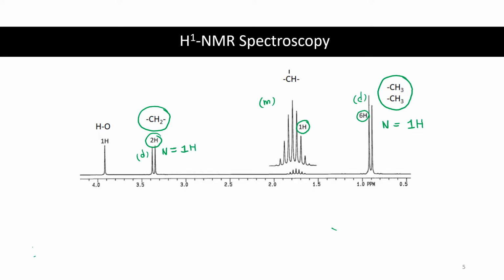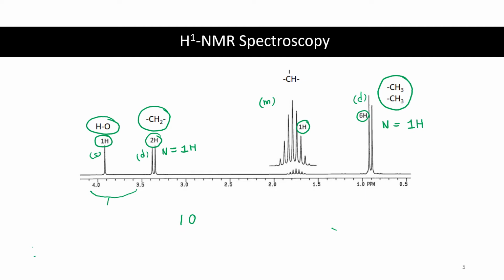Over here we have 1 hydrogen represented by this singlet. So if it's not split into any peaks, this 1 hydrogen would usually indicate it must be an OH group, especially if it's around 3.5 to 4 ppm.